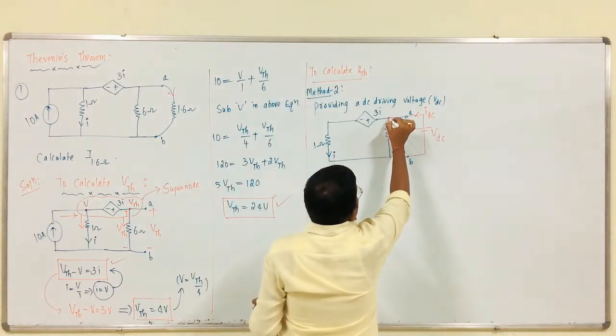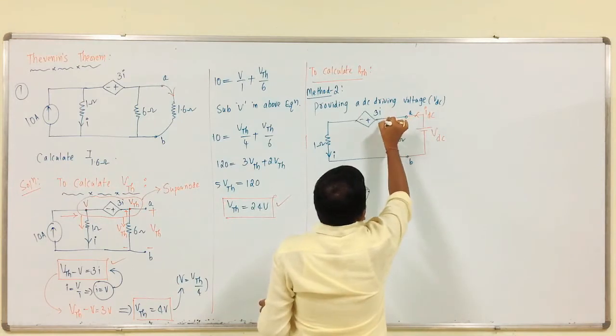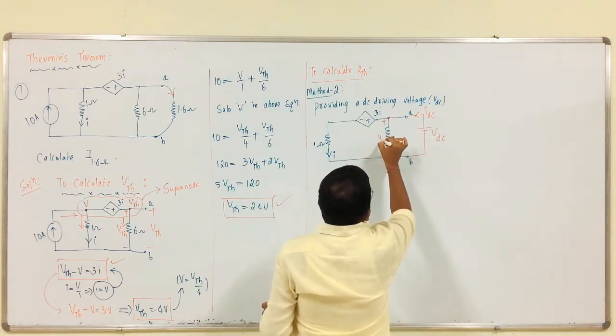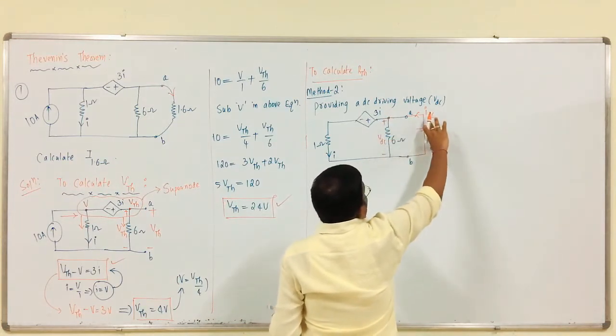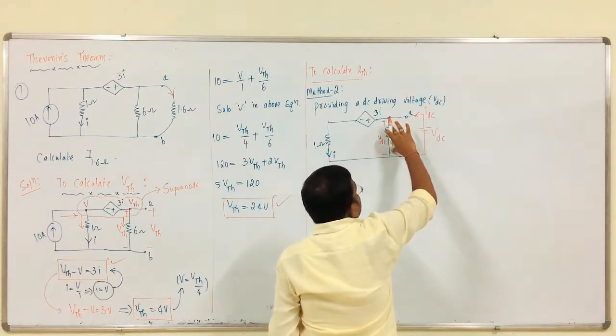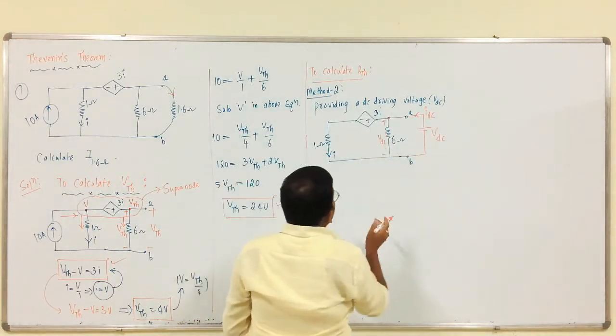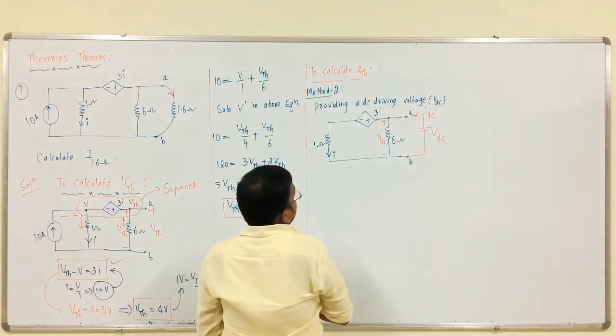So, this is plus minus nothing but VDC, right. Whatever may be the voltage, that voltage should be present across these two terminals, which is nothing but VDC. Therefore, what is the equation?